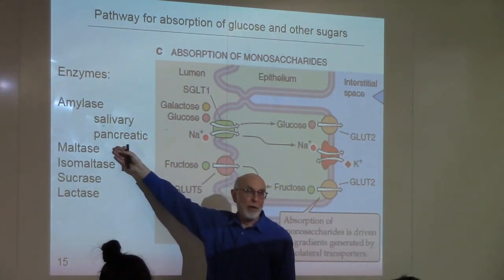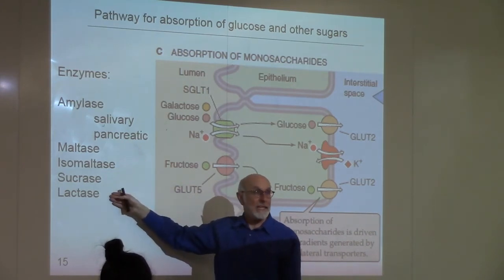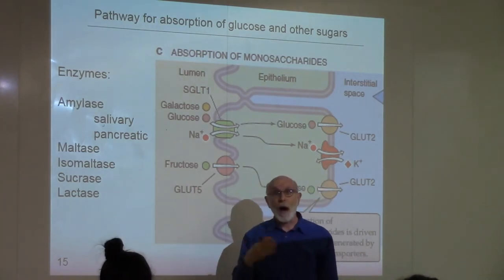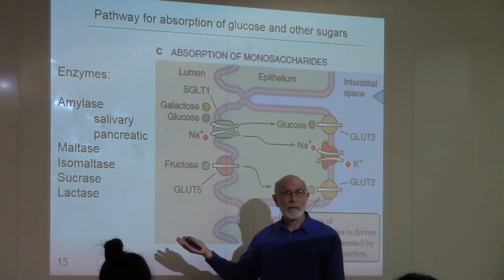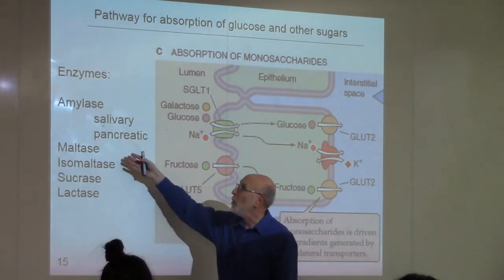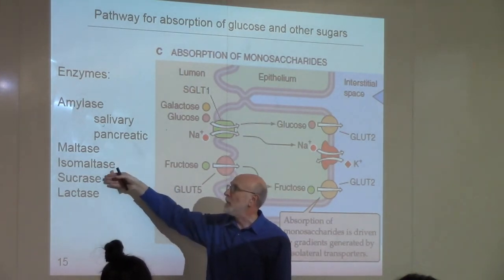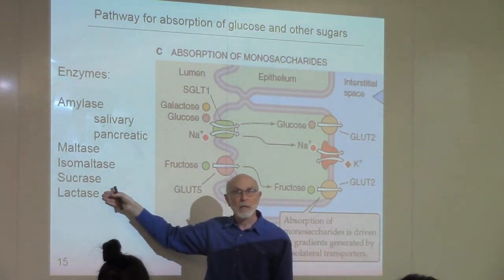Maltase breaks down, so these are all disaccharides. So the amylase broke down the polysaccharide of starch down to disaccharides. And now these enzymes, maltase, isomaltase, sucrase, and lactase, break down the disaccharides into monosaccharides.